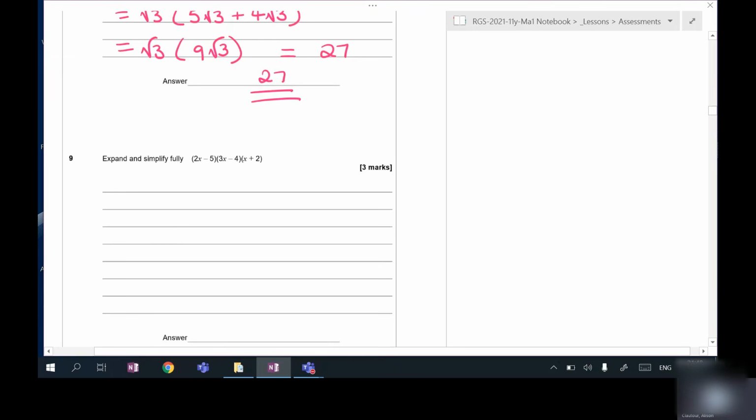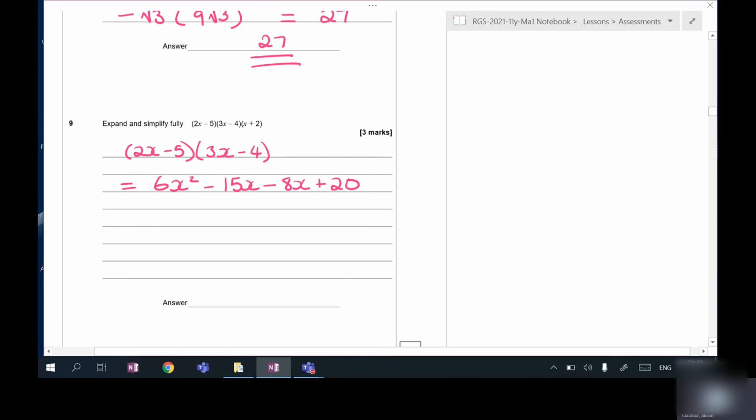Question 9, again, could be on a GCSE paper. So 3 brackets, multiply 2 of them, so I'm going to multiply the first 2. And I'm going to simplify the middle terms.